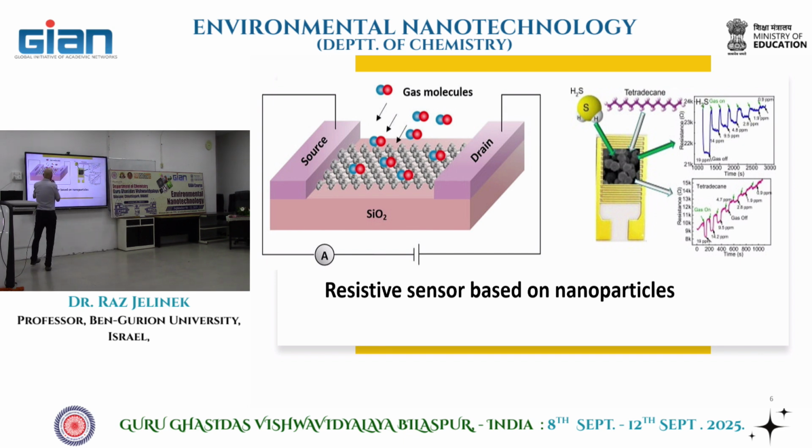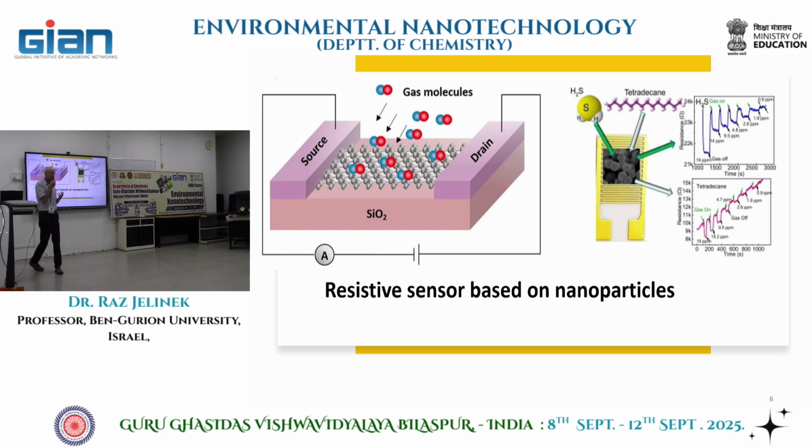This is an example of, again, a simple sensor in which the sensing area is made of a thin layer of nanomaterial or nanoparticles. We have lots of nanoparticles here from different compositions.